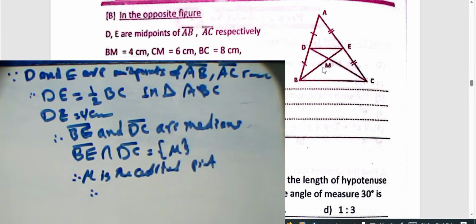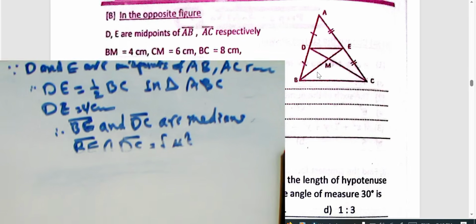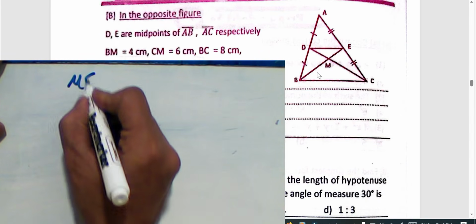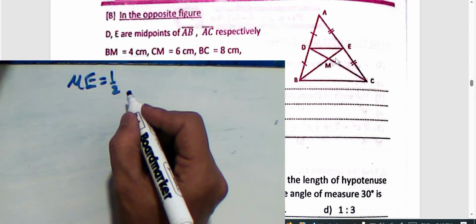Then we can find the length of ME. He gives me this information, BM 4 centimeters, and it will be half of BM. Then we can complete here. Okay, I will complete next page. Then you can write ME. It will be half of, look at here, ME half of BM.